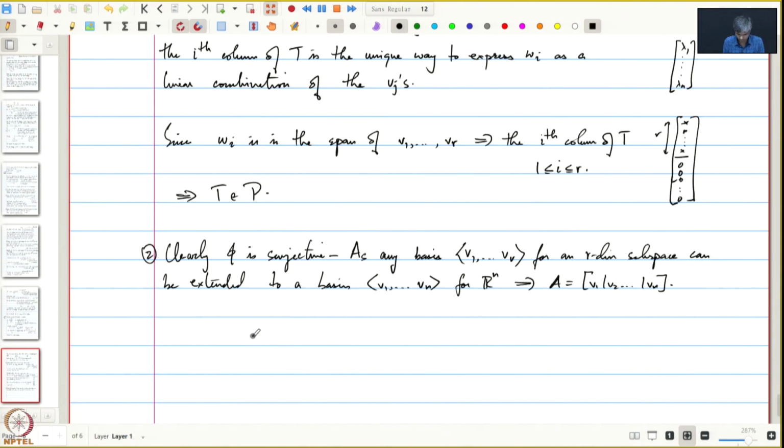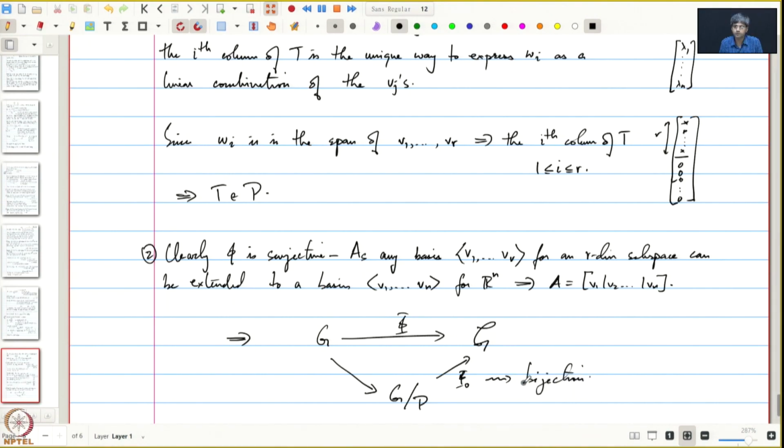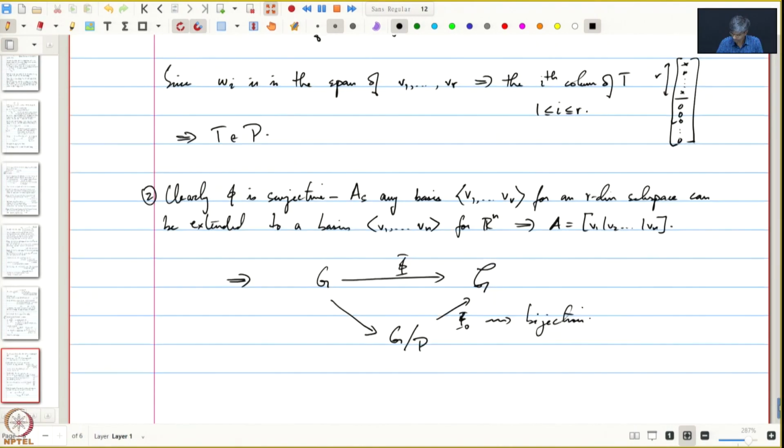So when we put together 1 and 2, one can easily check that we have this map phi to script G, and this factors through G mod P, and this map is a bijection. Let's call this phi naught. This easily follows from 1 and 2, that phi naught is a bijection.